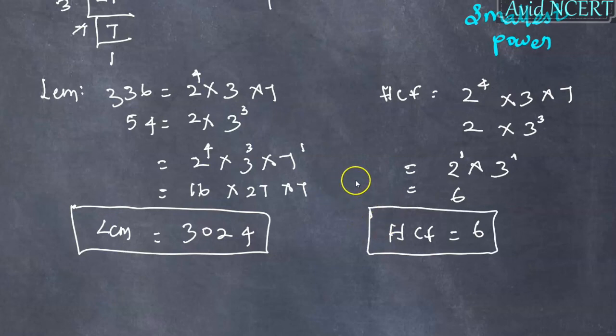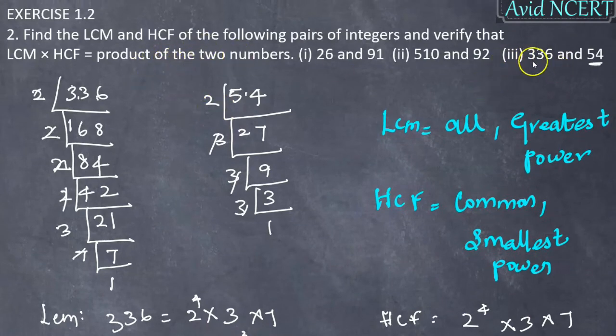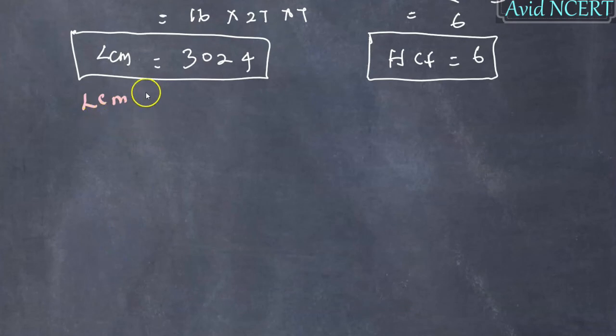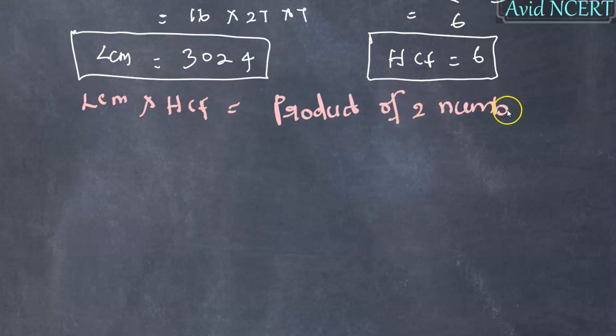So now the next step is we have to verify that LCM into HCF equals the product of two numbers. The two numbers are 336 and 54. LCM into HCF equals product of two numbers. So what is the LCM value?